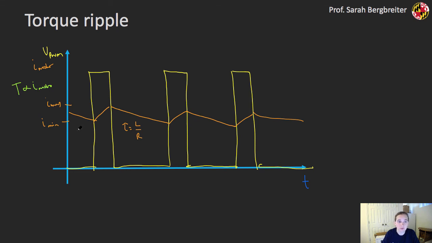And I want to operate this fast enough, so if I have a higher PWM frequency, I'll compress this ripple and I'll operate at a much lower torque ripple, which, depending on my particular application, I might want to make very small, or I might be willing to deal with a reasonably high torque ripple in my system.